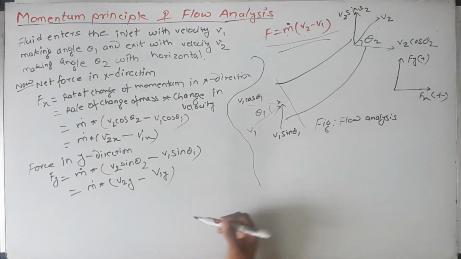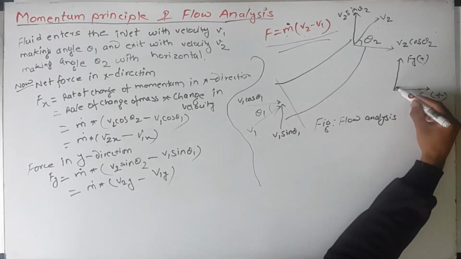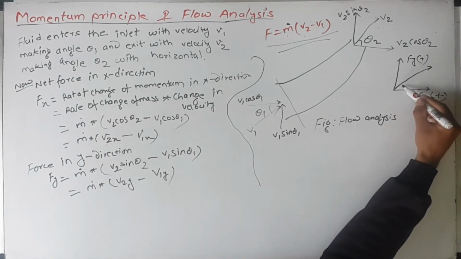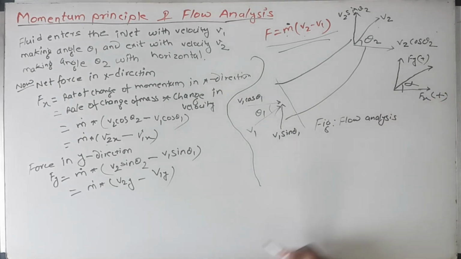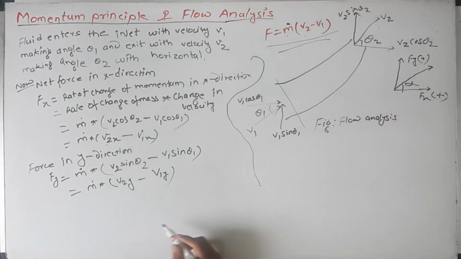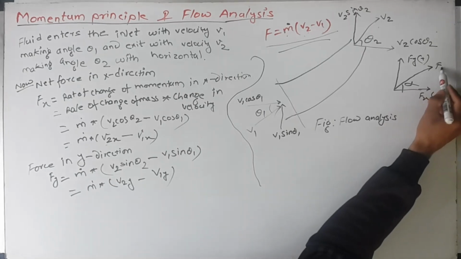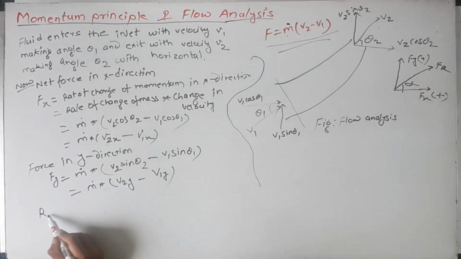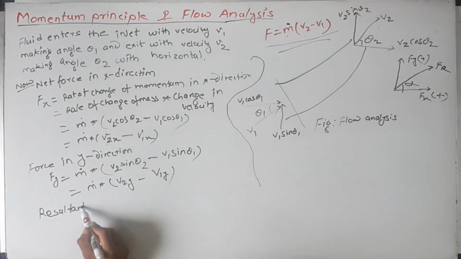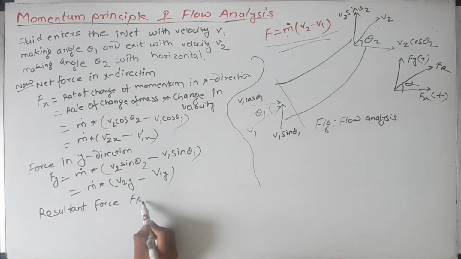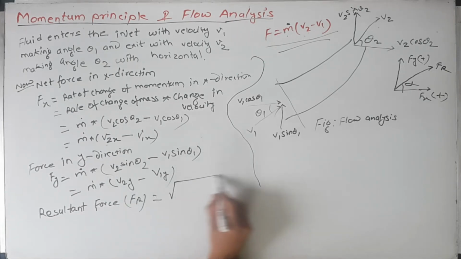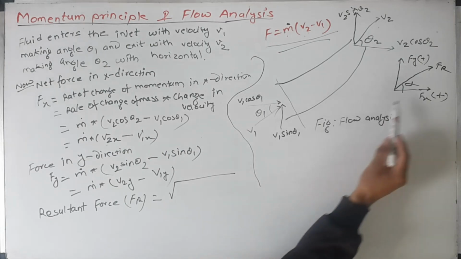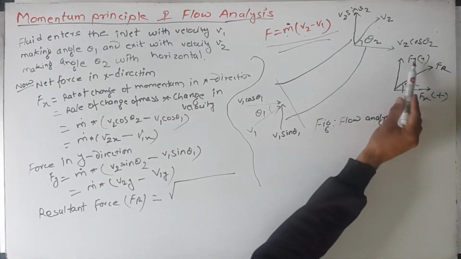So we can find a resultant. Let the resultant make angle alpha with the horizontal. So the resultant force is Fr. Fr is the root of Fx square plus Fy square.